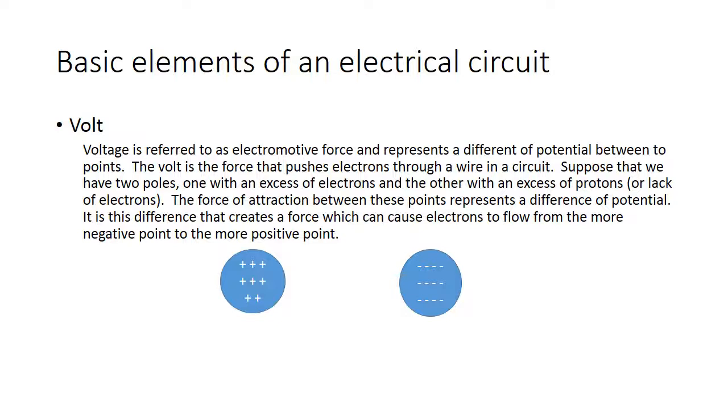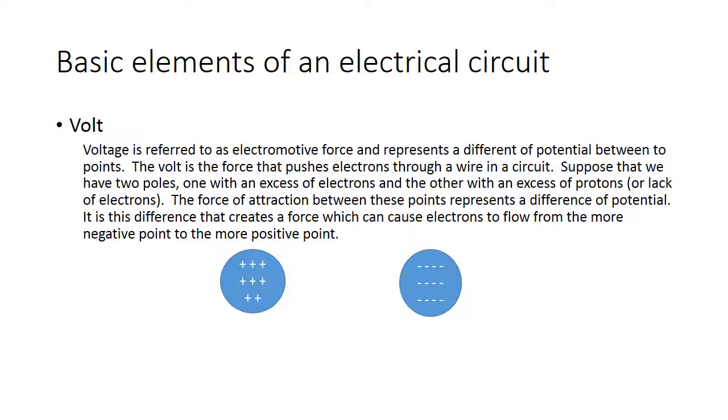So let's imagine for just a moment that we have 2 poles. These poles could be the terminals of a battery, or they could be the 2 ends of a wire. And let's say that on one of the poles we have an excess of electrons, which creates an overall negative charge, and on the other pole we have an excess of protons, or in other words, an absence of electrons, creating a positive charge.